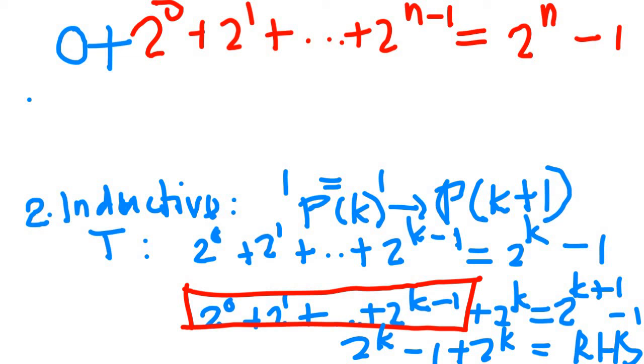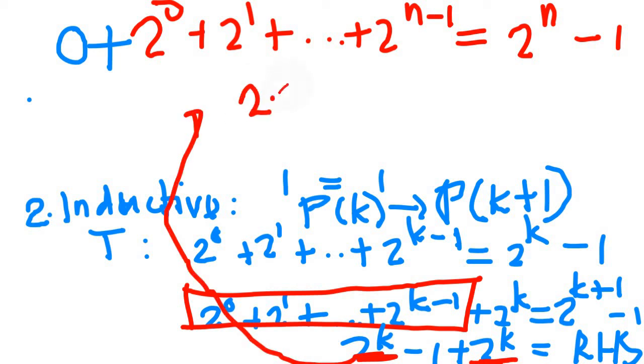We could basically add 2 to the k and 2 to the k, giving us 2 times 2 to the k minus 1 is equal to 2 to the k plus 1 minus 1.